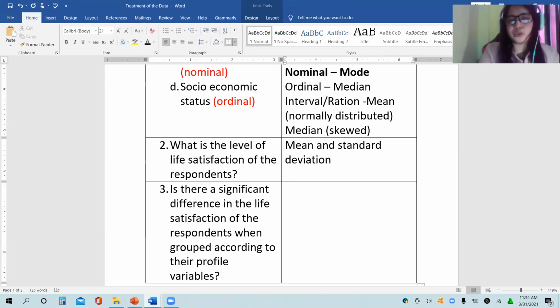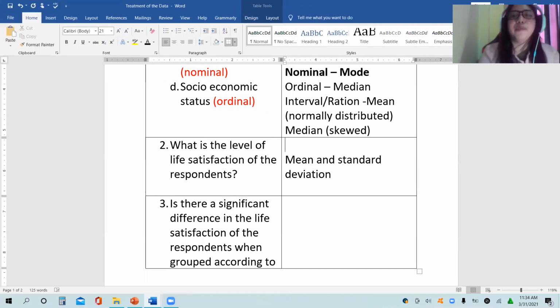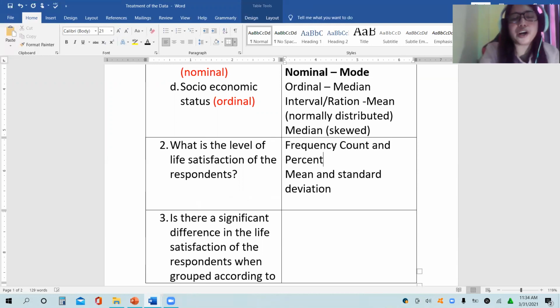If you also want to show how many of the respondents are dissatisfied or satisfied, you have to count the frequency and percent. So aside from the mean, you are also going to use frequency count and percent, similar to our discussion in the profile. This can also be presented graphically.